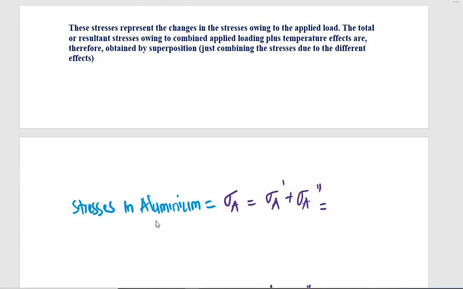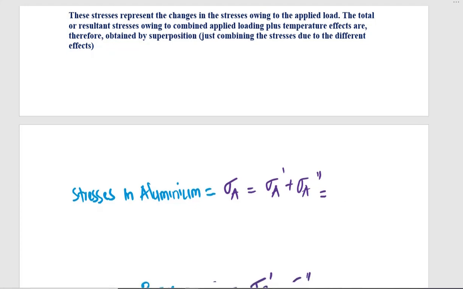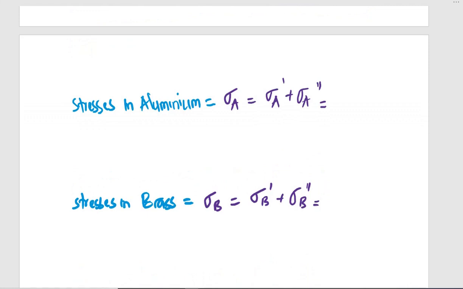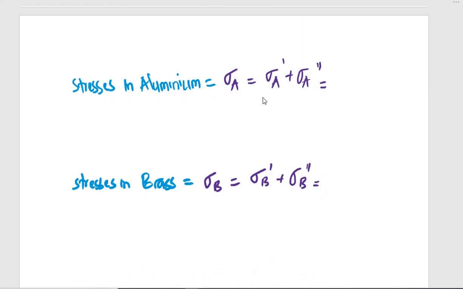Therefore, if we calculate the stresses in aluminium, and indicate it as sigma A, it will equal the algebraic sum of the stresses due to temperature and those due to the load. If we substitute in these stresses, this will be 6.64 plus, remember these are compressive, so it will be negative plus negative 6.48.